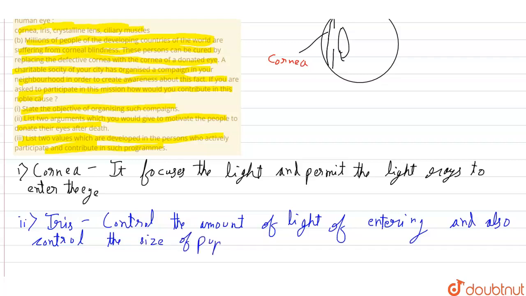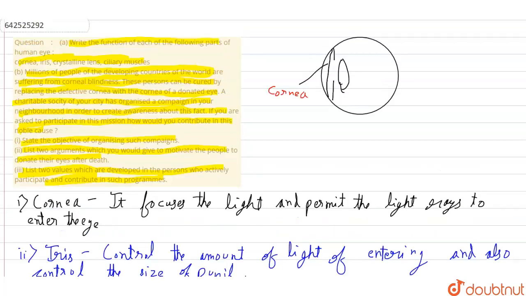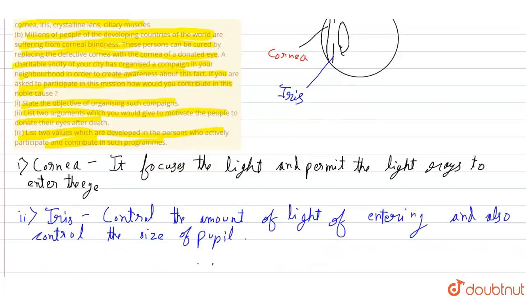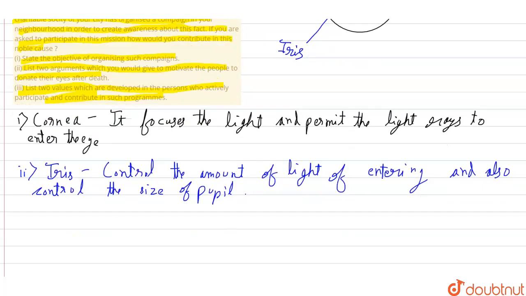So the main function of the iris is to control the amount of light entering and also control the size of the pupil. And the pupil in the iris here is this. This is the iris.